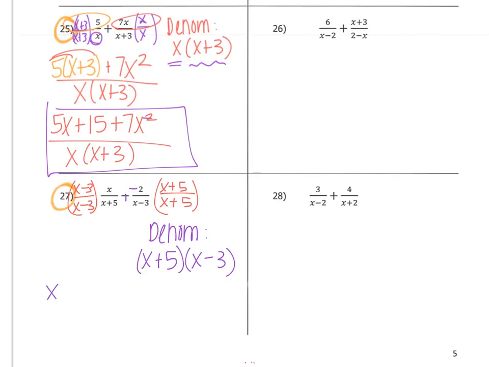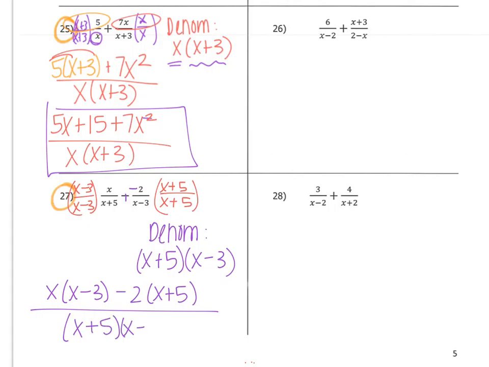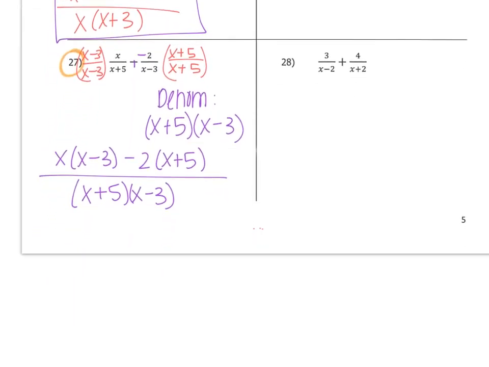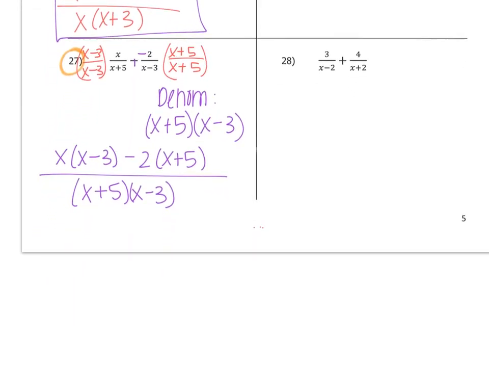So now we have x times x minus 3 minus 2 times x plus 5 all over our big denominator. This would give you, say, 1 out of 2 points. From here, you need to distribute.